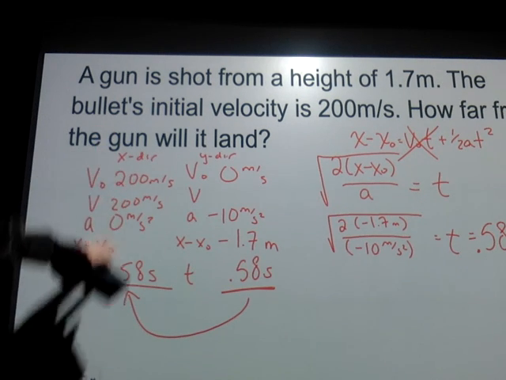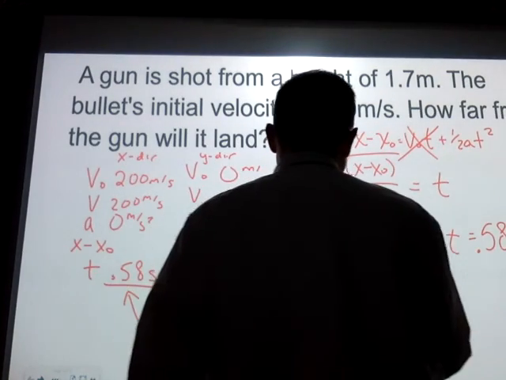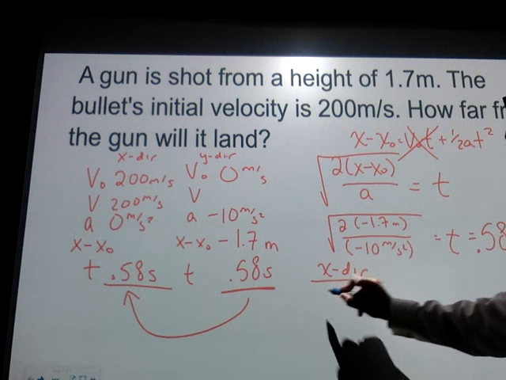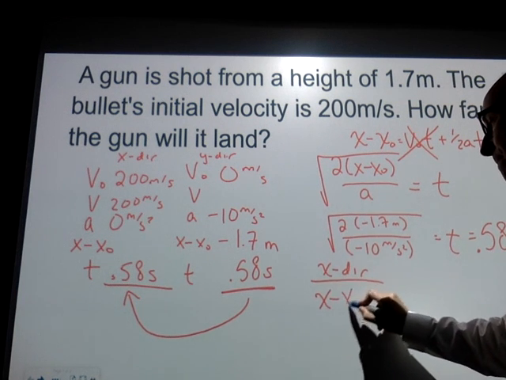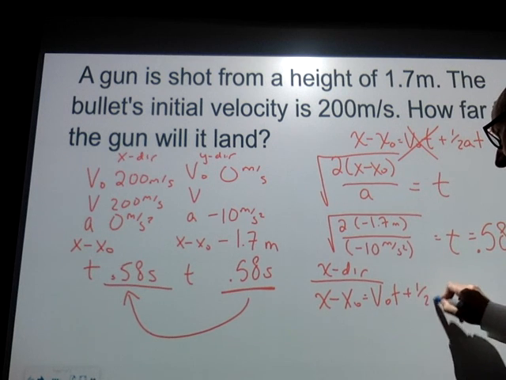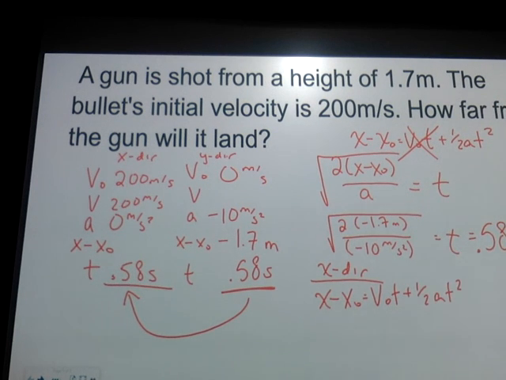All right, so now that I have that, I'm going to look at the x direction. And the same equation, x minus x naught equals v naught t plus 1/2 at squared. And now there's no acceleration in the x direction.